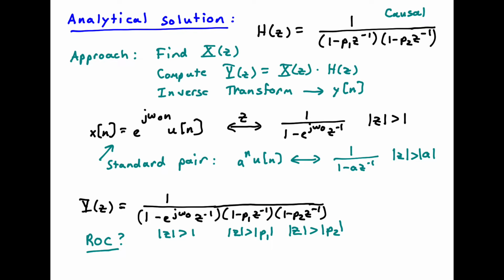And so then the region of convergence of the whole thing is z greater than the max of 1, the magnitude of P1, and the magnitude of P2. Because it has to be the overlap of all of these, right? So that'll be z greater than whatever the maximum value is, whether it be 1, the magnitude of P1, or the magnitude of P2.